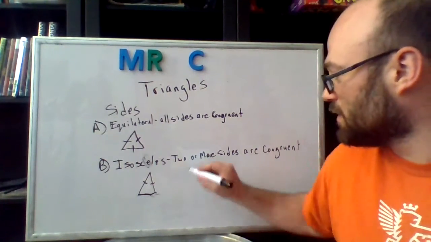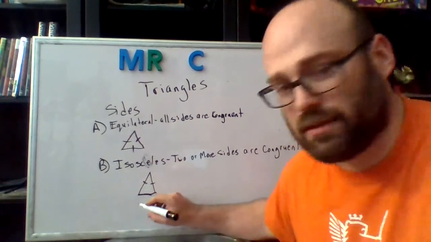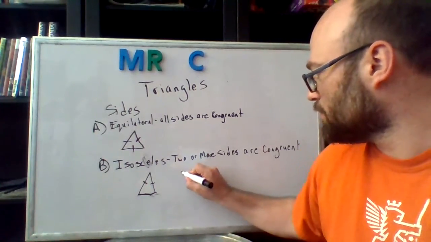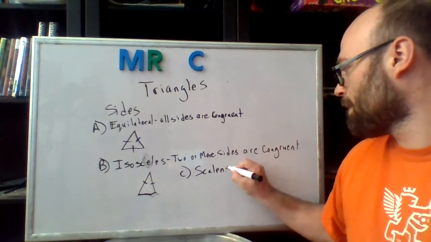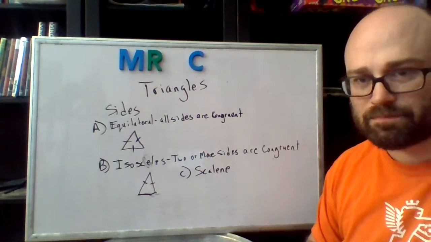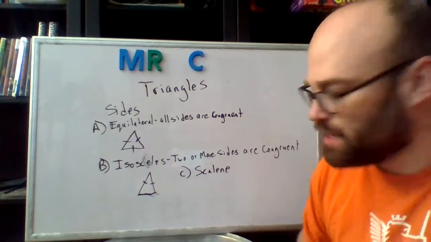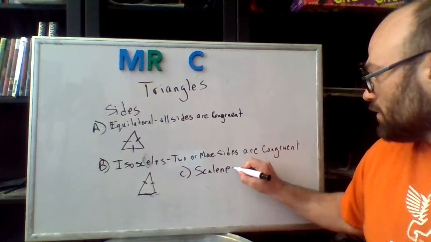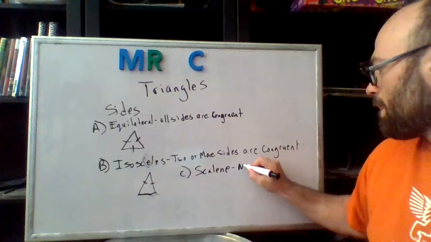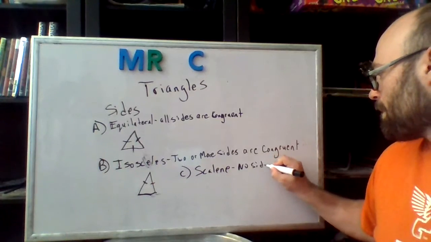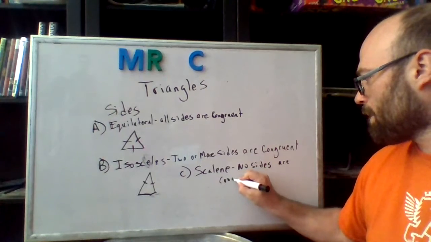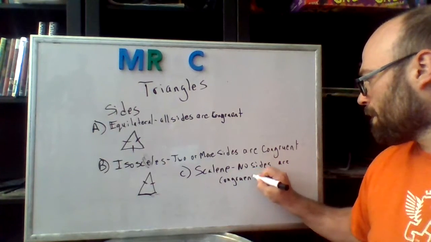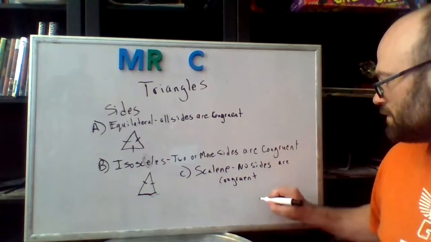The last one here is scalene. I don't know if I have room down here, so I'll put it right here. C, scalene. Scalene is going to be no sides are congruent.